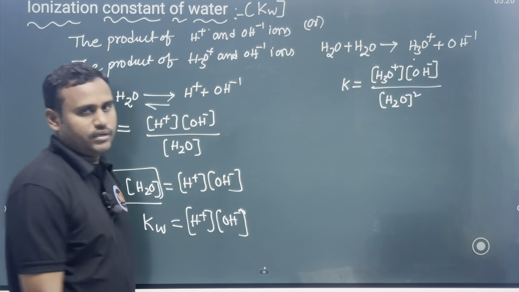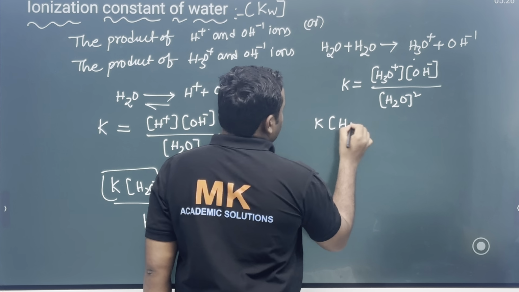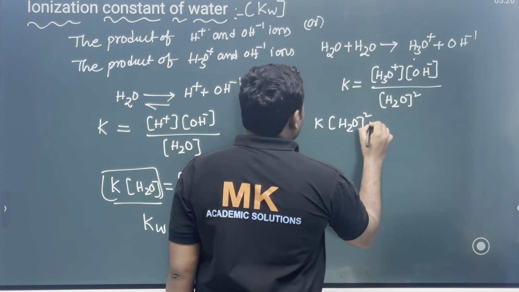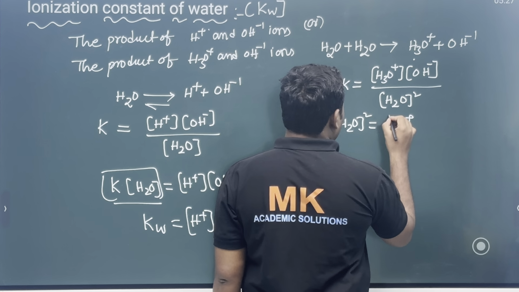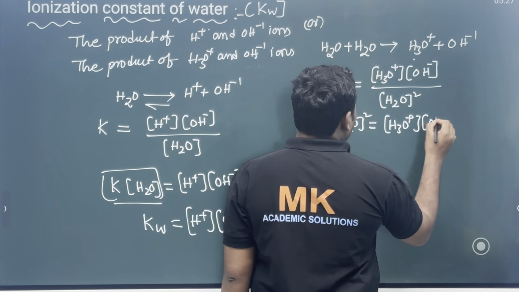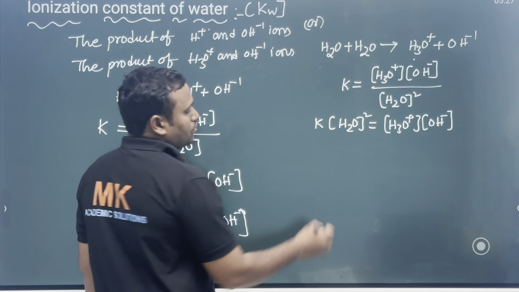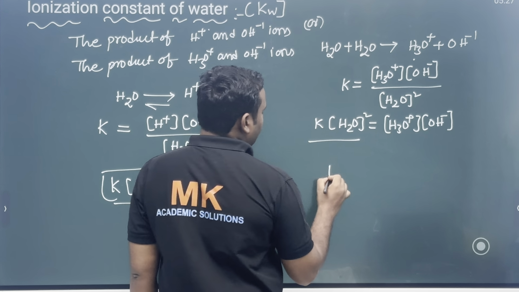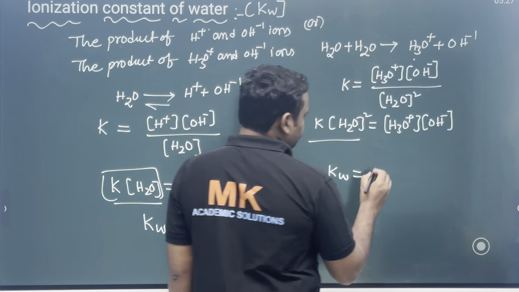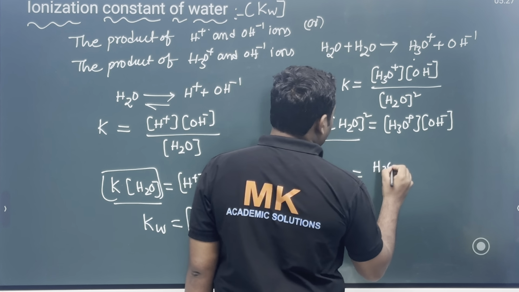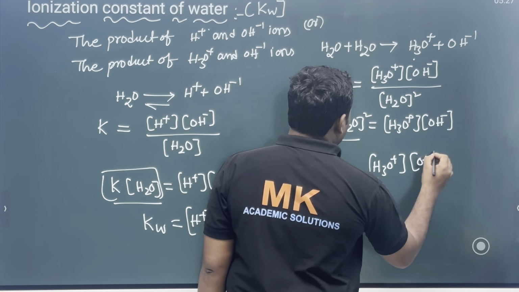So K into concentration of H2O square is equal to H3O plus concentration into OH minus ion concentration. This total term we consider Kw. Kw is equal to H3O plus concentration into OH minus ion concentration.